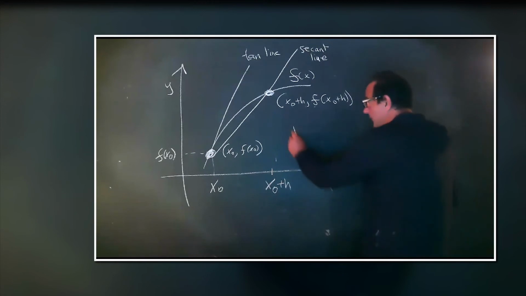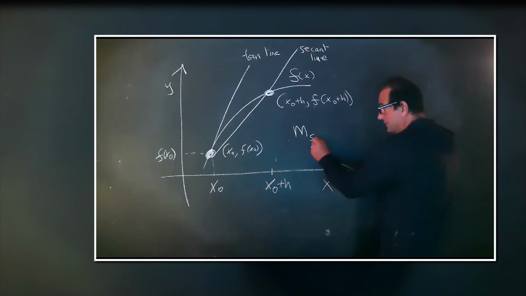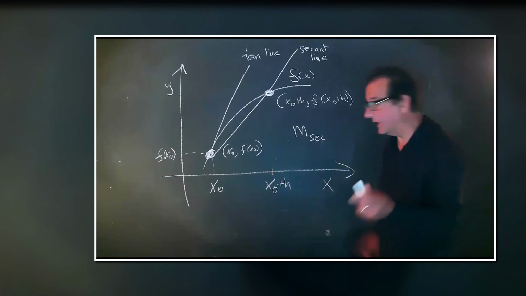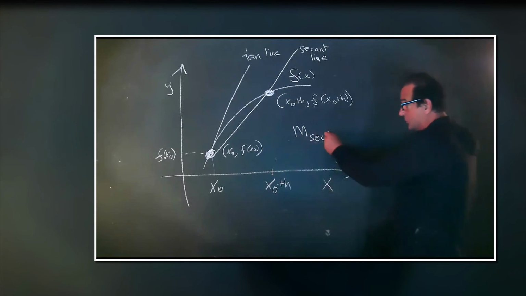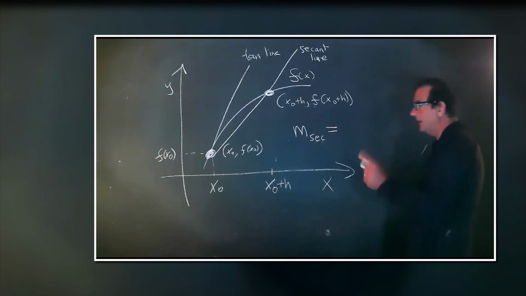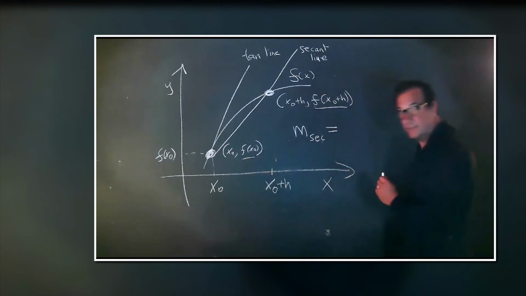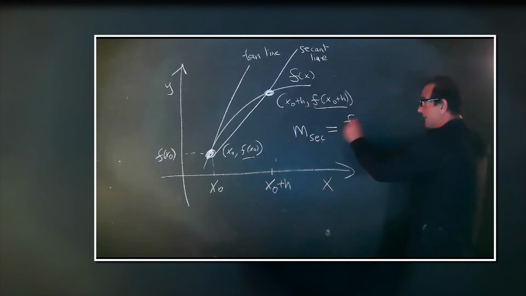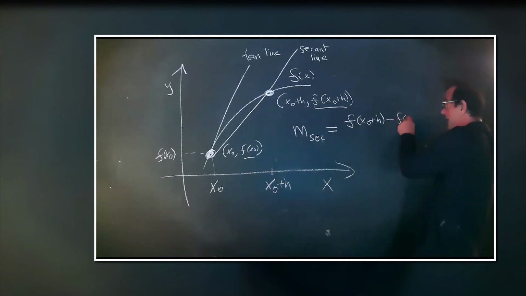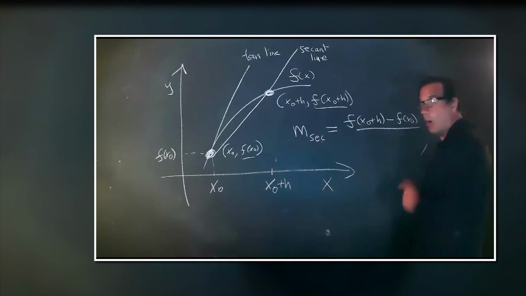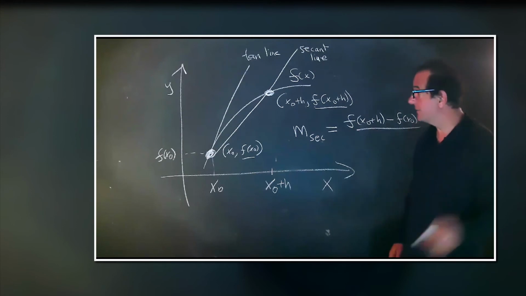So here we go. M, and now to indicate that it's the slope of the secant line, I'll call it m sec. That's just a name, okay? And we're going to take the change of y. So here are the y coordinates. So the change of y is f of x naught plus h minus f of x naught over the change of x.